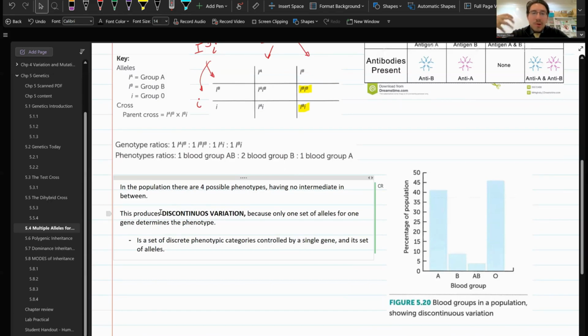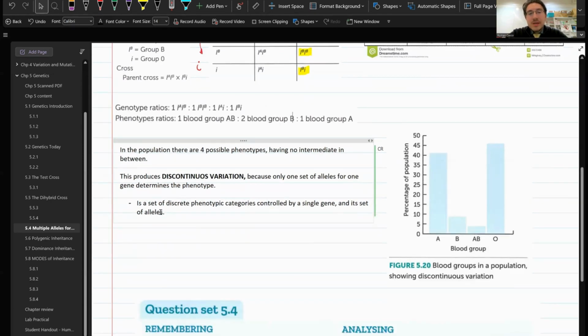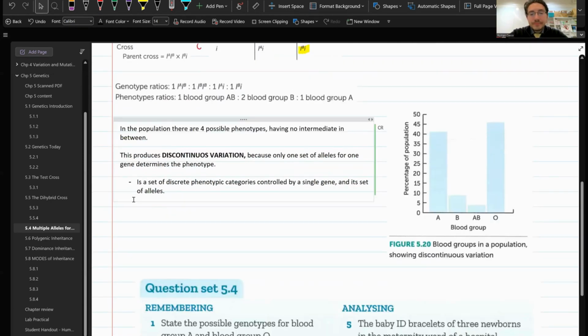There's no partial A and partial B situation going on, or a sudden blend throughout the population, where you're going to be, let's say, full A or mildly A and then turning into mildly B. It's either-or alleles. So when you have this type of situation, you refer to this as discontinuous variation, because it's being controlled by a particular allele.